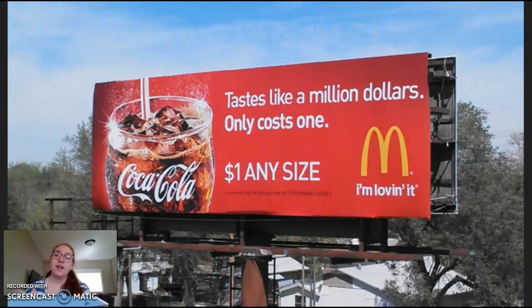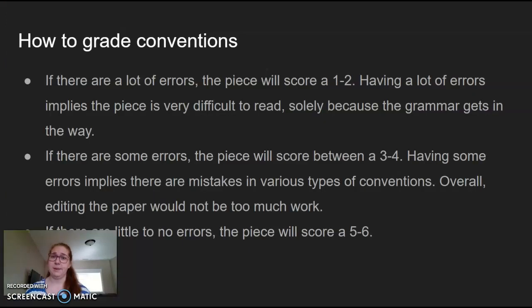Anyway, we also have "$1 any size." It's in all caps. And then we have "i'm loving it." That has no capitalization at all, when the "I'm" should be capitalized because it's talking about me, I. I is always capitalized. So these are a few things that you can point out to your students and just share with them. There are mistakes all over the place in billboards and stuff like that. And so you can be looking for them all the time.